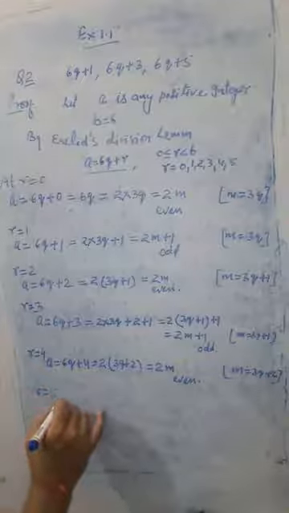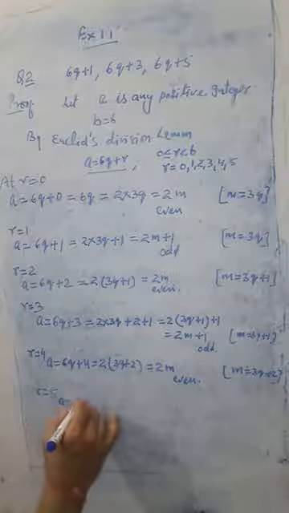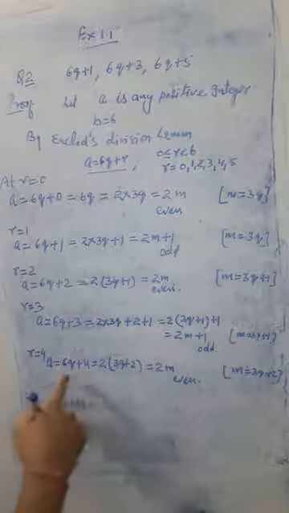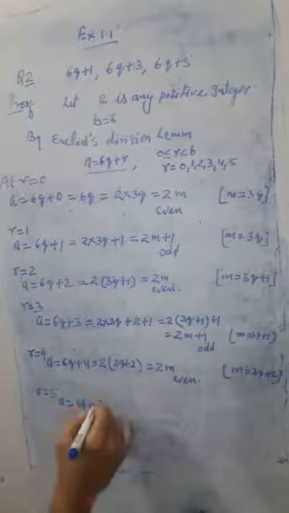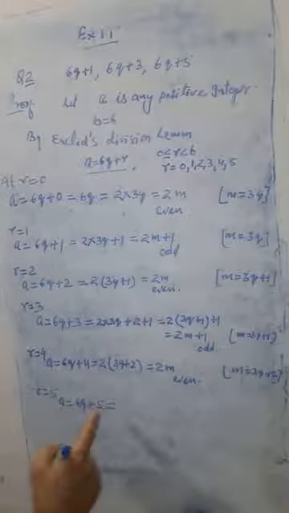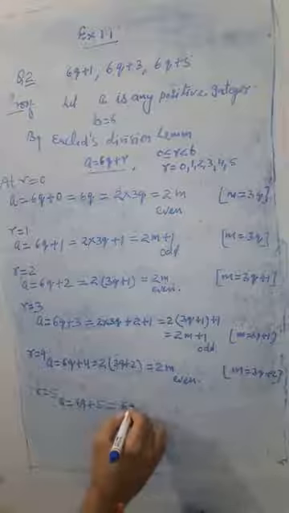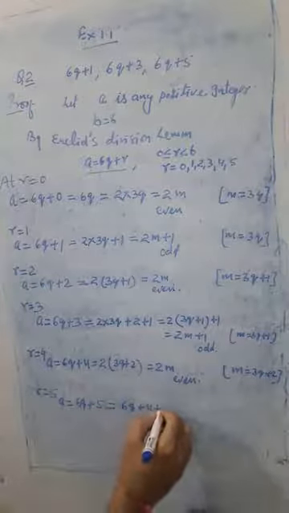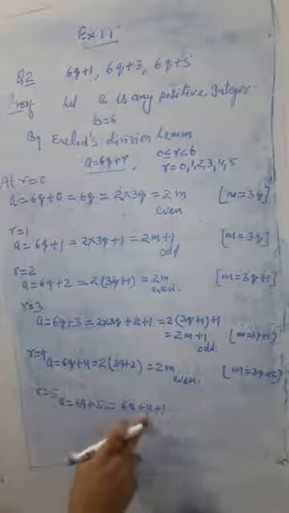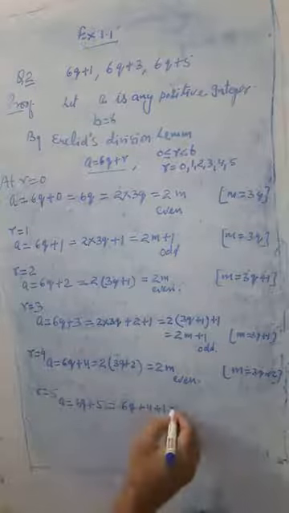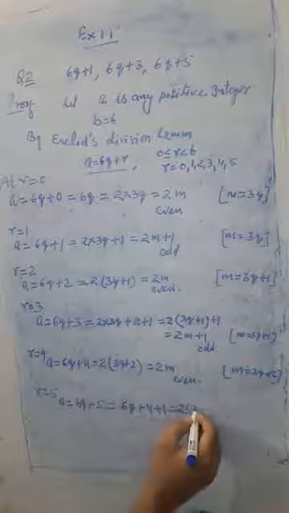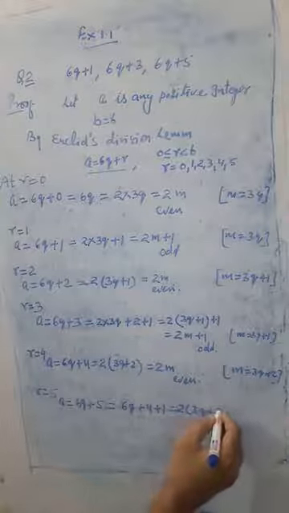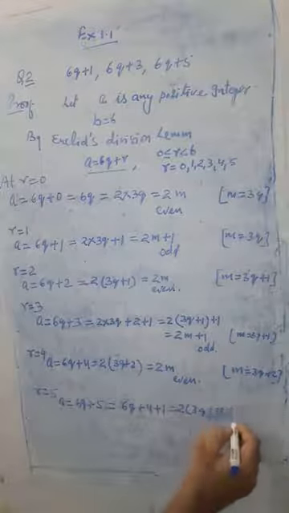Again, r is equal to 5. So we put r is equal to 5 in a is equal to 6q plus r. So we can write 6q plus 5 as 6q plus 4 plus 1. We take 2 as common from the first two terms. So 2 into 3q plus 2, plus 1.